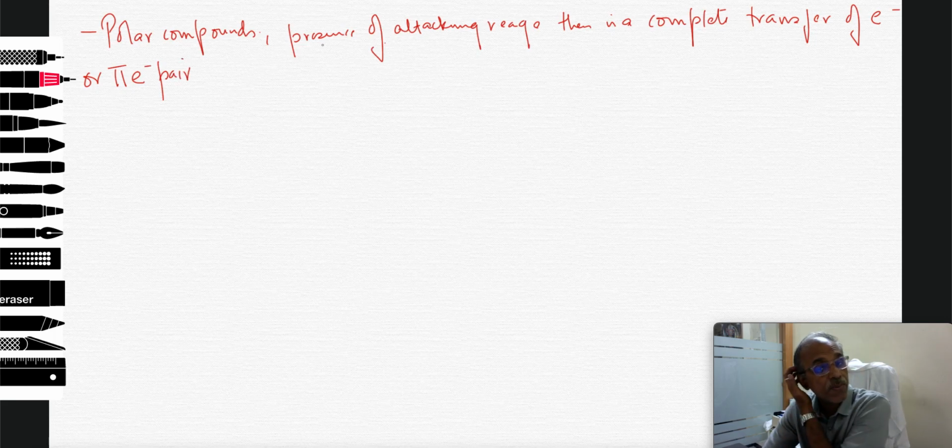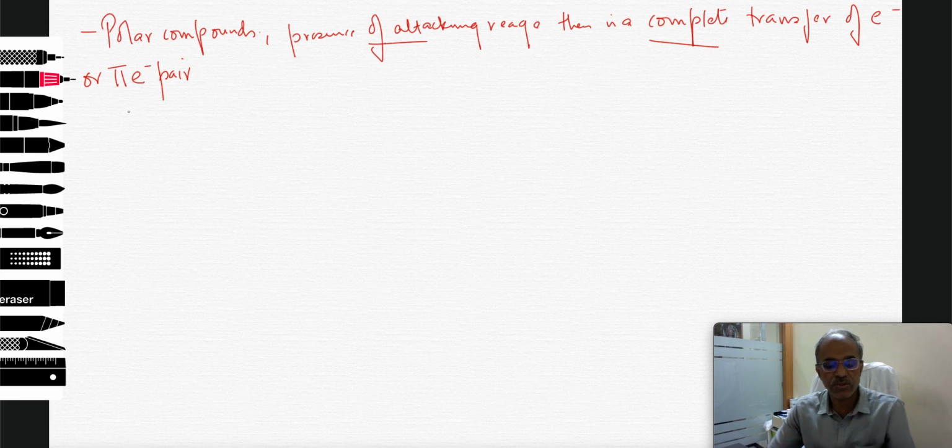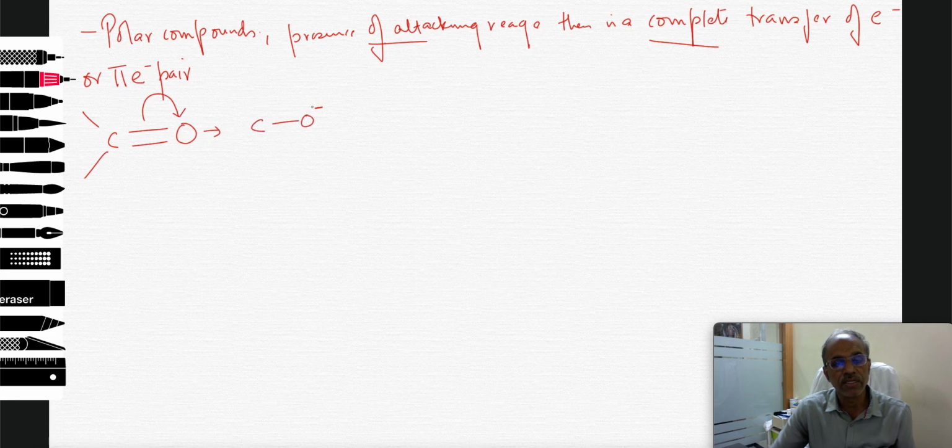For example, I'll show you. If I say this has gone here, this will be O minus. This is a polar compound.